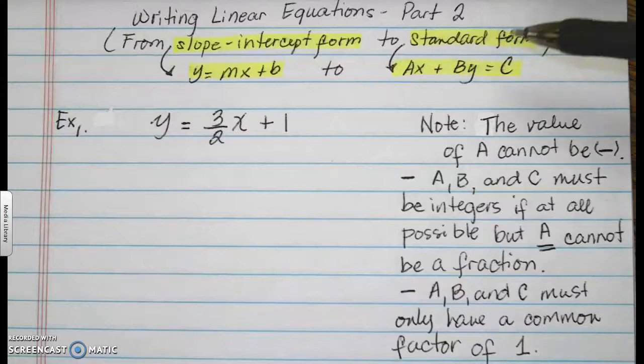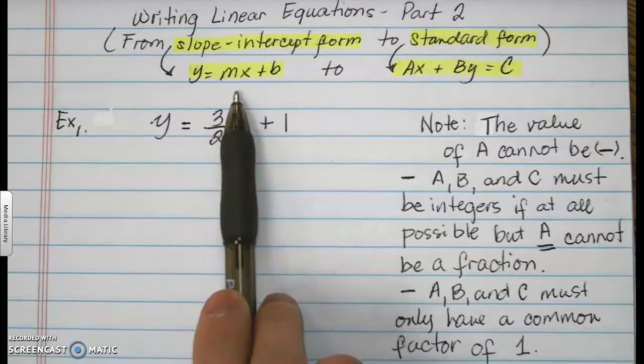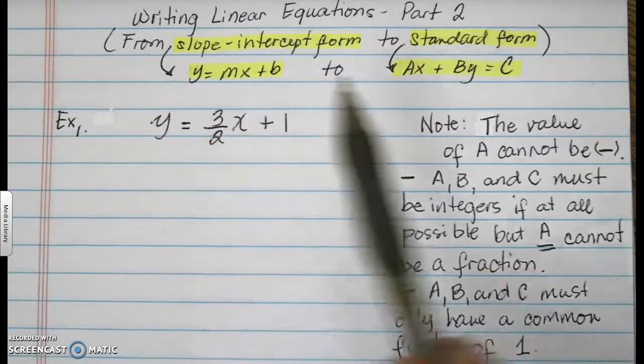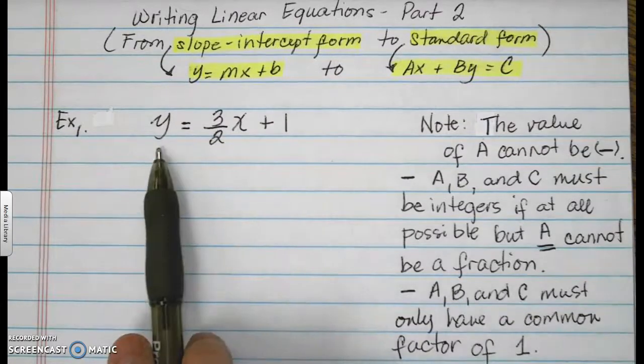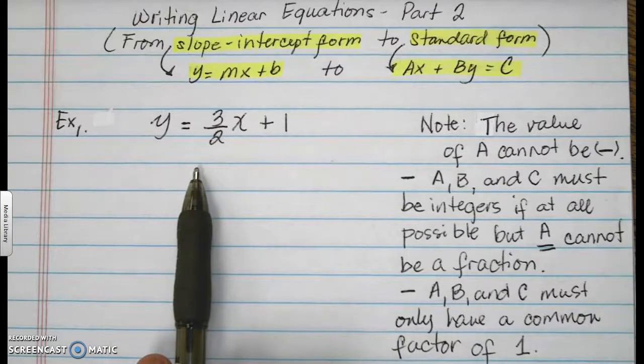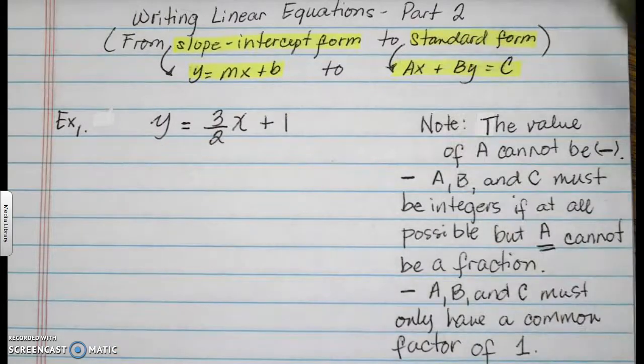So part 2 is about slope intercept form, which is your y equals mx plus b, being changed to standard, which is ax plus by equals c. For our example number 1, we have y equals 3 over 2x plus 1. Please note the following important things. The first bullet is the value of a.